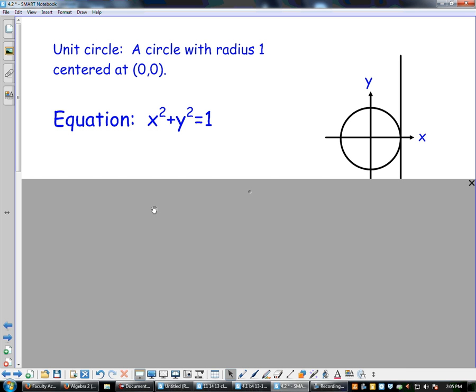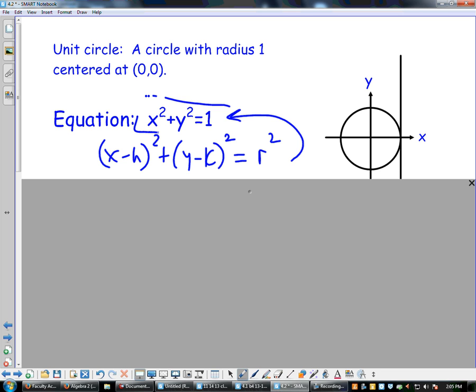Everybody agree? Remember the formula: (x minus h) squared plus (y minus k) squared equals the radius squared. So if our radius is 1 and our center is 0, 0, that gets us to this equation right here.